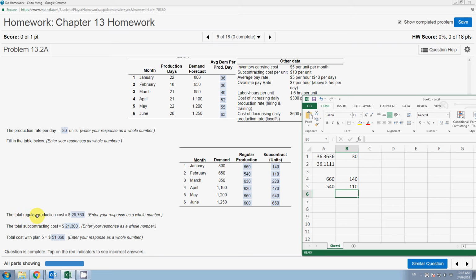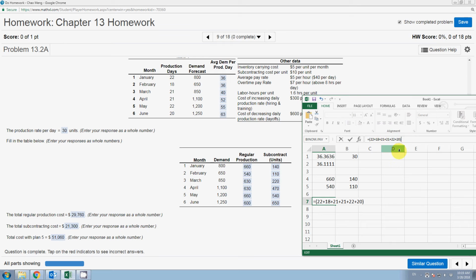Then the total regular production cost. Let's calculate how many days we have from January to June. For January we have 22 days, plus February 18, plus 21 for March, plus 21 for April, plus 22 for May, plus 20.